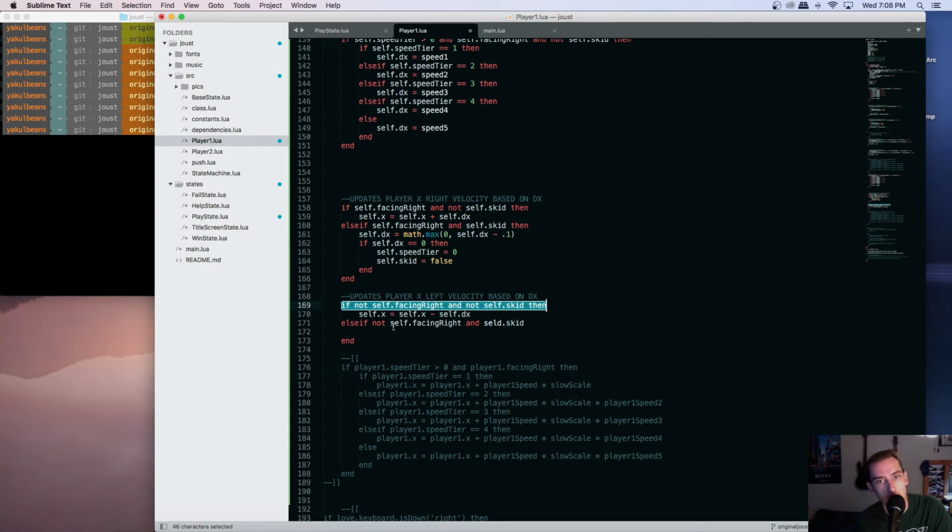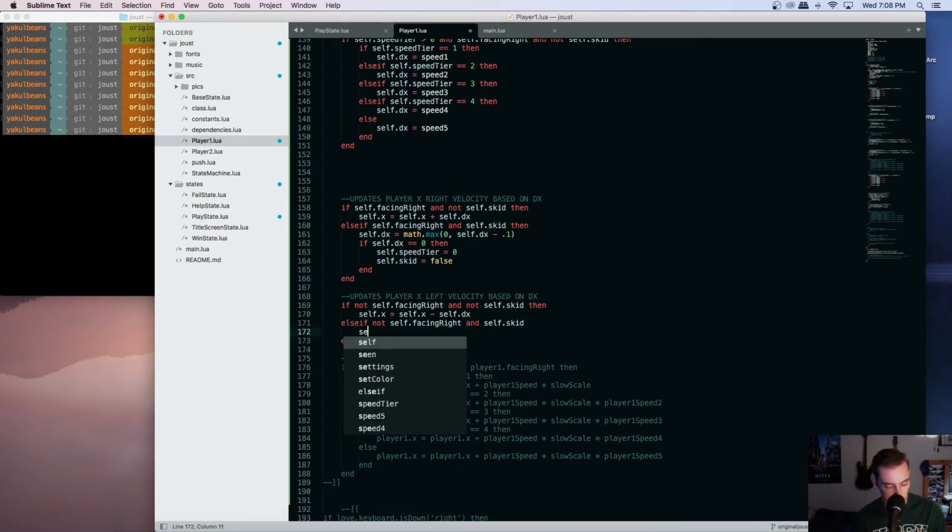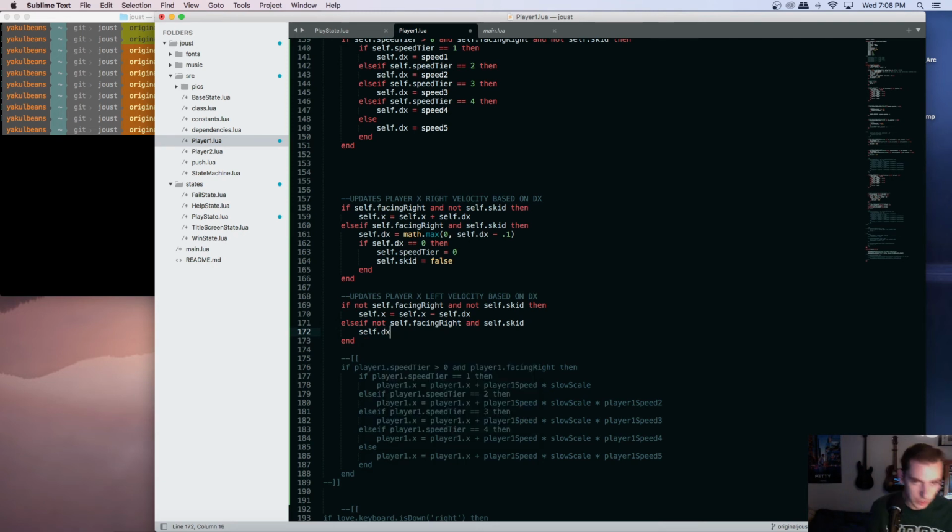However, if it's facing left and it is skidding, then we need to do what we did for the other one, which is set its dx to clamp at 0.